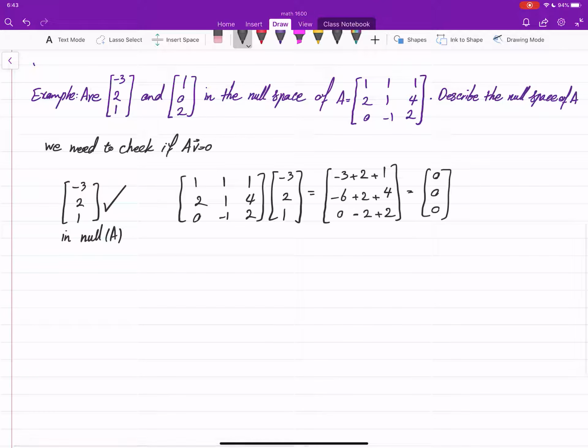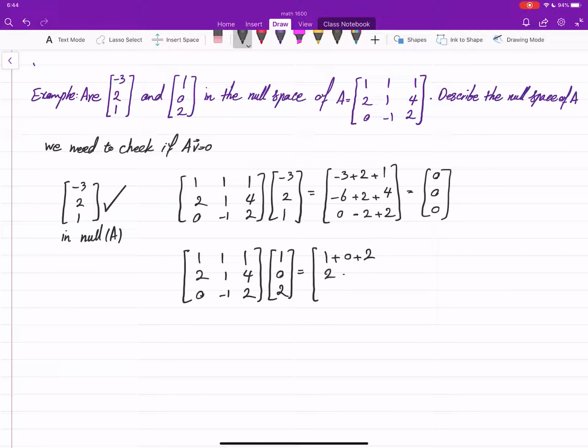How about the other one? We multiply the same matrix, (1, 1, 1), (2, 1, 4), (0, -1, 2), by (1, 0, 2). What does this give us? This is 1 plus 0 plus 2, 2 plus 0 plus 8, and 0 plus 0 plus 4.